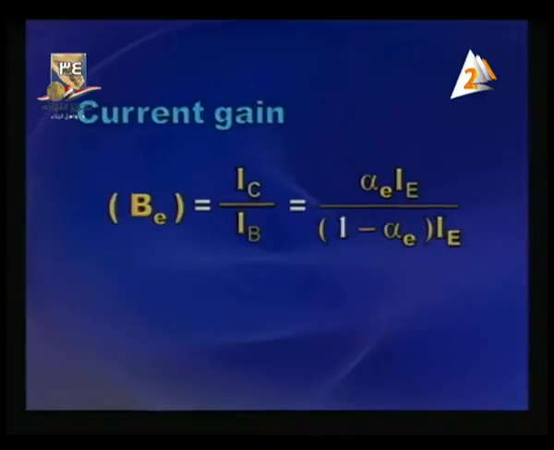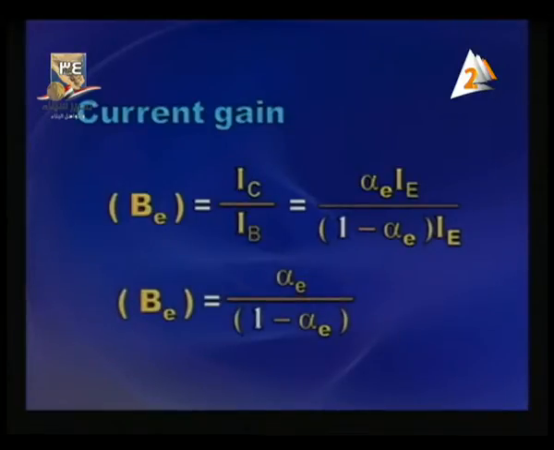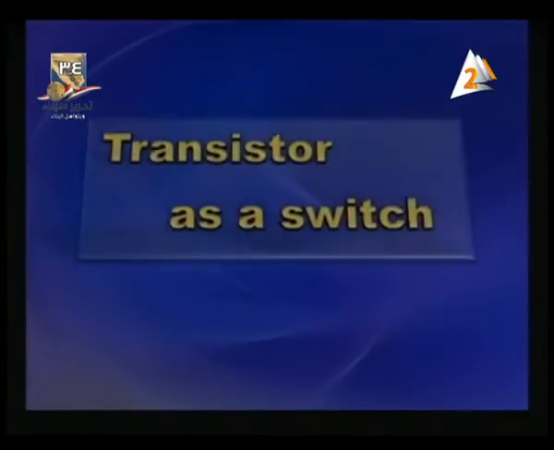It is the ratio between collector current and the base current. So it is equal to alpha E times emitter current over 1 minus alpha E between two brackets times emitter current. Of course, emitter current will be crossed out, so current gain equals alpha E over 1 minus alpha E.